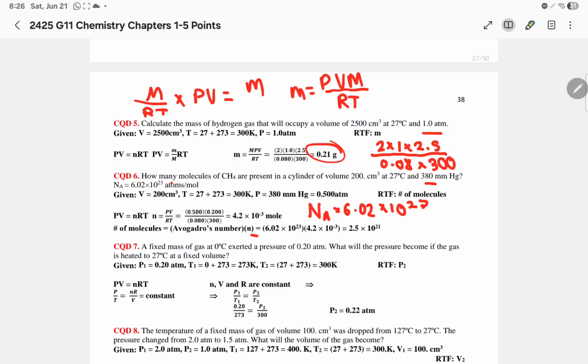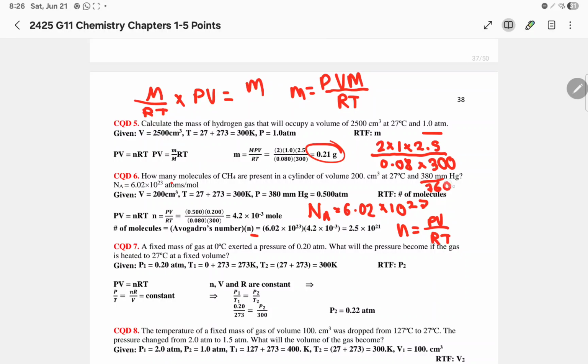Now we need to get the moles. Moles equals PV over RT. Since it's equal to PV over RT, we just substitute in all the numbers. And like I said, it's not 380. To get from millimeter Hg to atmosphere, you divide by 760.